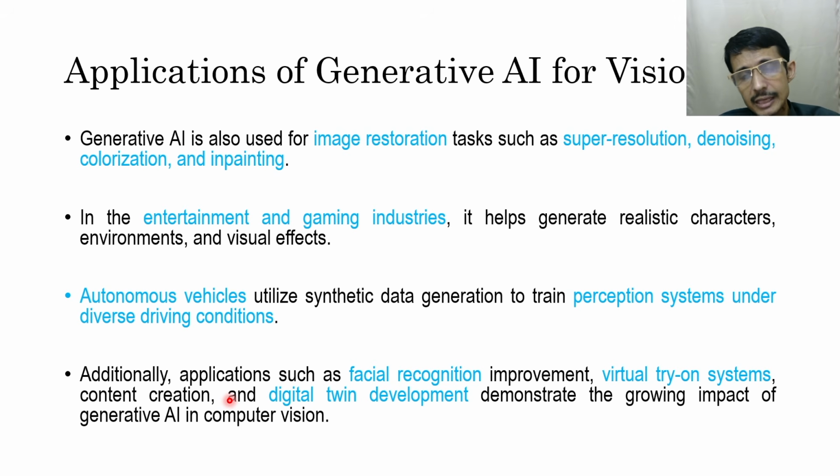In underwater, there is a lot of noise because there are different lighting conditions, and a different kind of image degradation happens. So tasks like super resolution, denoising, colorizing, inpainting are important not only in underwater exploration but also in other domains like medical imaging and remote sensing, where generative AI plays a very important role.